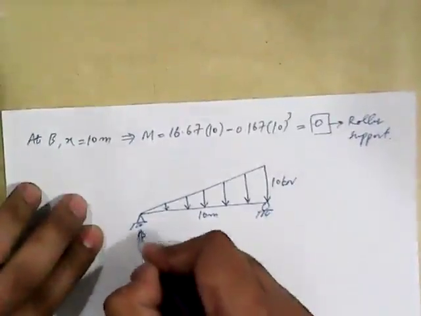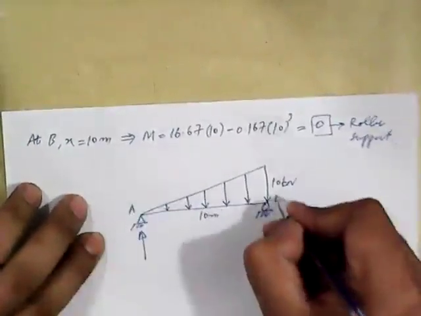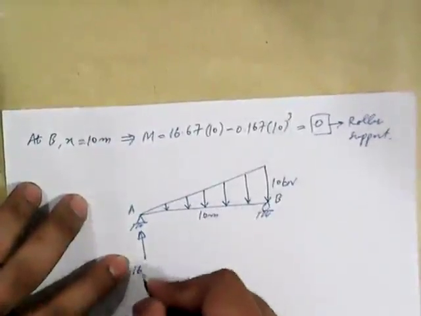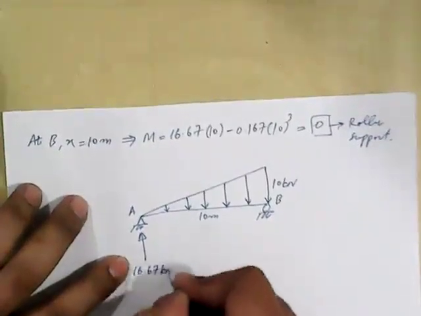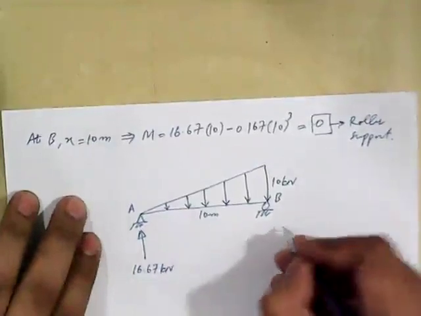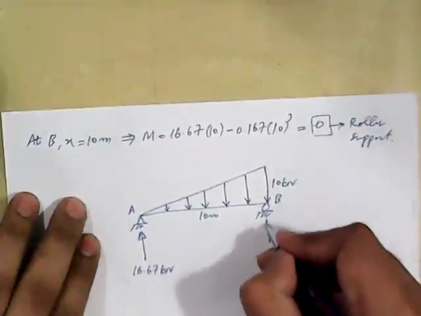We have one reaction here. This point is A. This point is B. RA we have already calculated. It is 16.67 kilonewton, and RB we have also calculated.